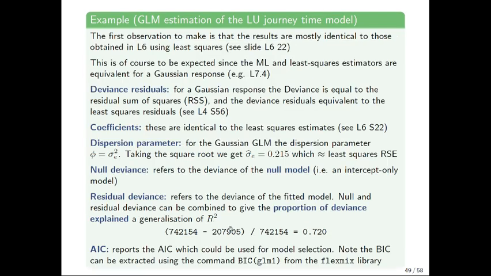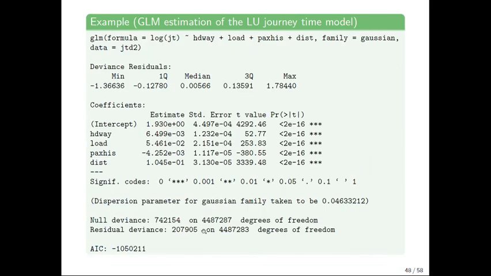The first observation to make is that these results are mostly identical to those obtained in lecture 6 using least squares. That is exactly what we should expect, since the maximum likelihood and least squares estimators are equivalent for a Gaussian response, as we showed in the estimation section. Going through the output, for a Gaussian response the deviance equals the residual sum of squares, and the deviance residuals are equivalent to the least squares residuals.